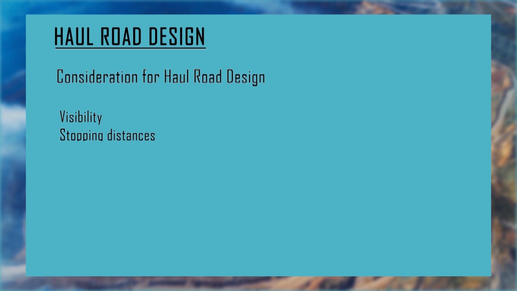Then stopping distance: the distance between two consecutive moving vehicles should be sufficient, so that after applying the brake of one vehicle, the other should not collide with that vehicle.